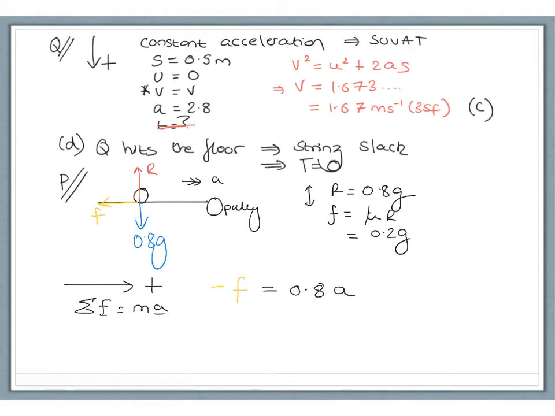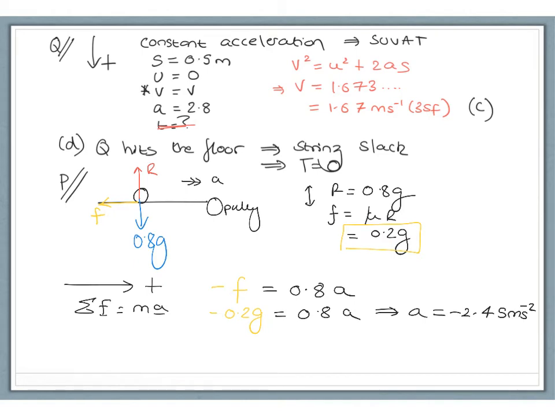We can substitute in for F because we know it's equal to 0.2 g. This then allows us to work out the new acceleration of the particle P once Q has hit the ground, and that is equal to negative 2.45 meters per second squared.